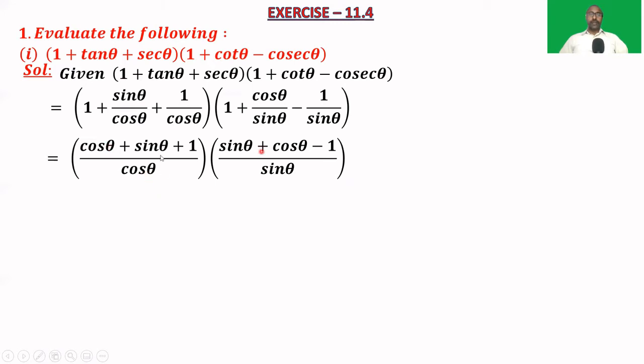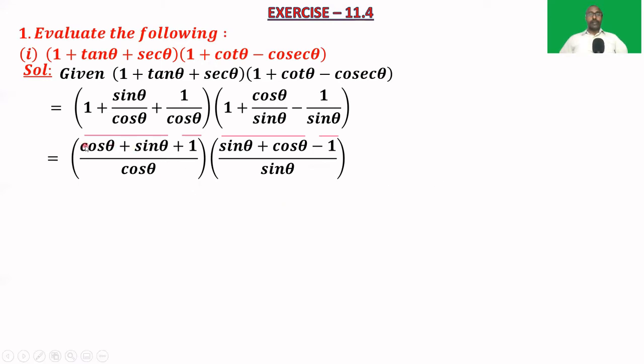Now, in these two brackets and in the numerators, we can observe that the first two terms are cos theta plus sin theta, which are same, and the third term 1 is also same. So take the first two terms as one term and the third term as another term.